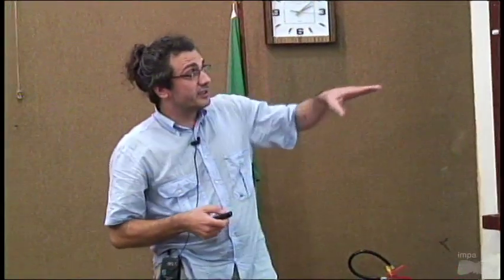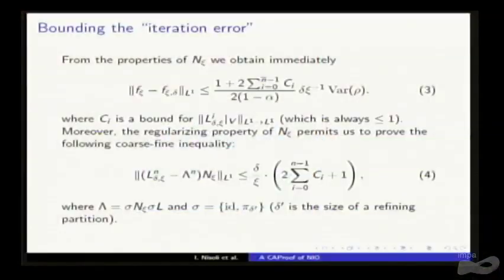Okay. And moreover, this information also tells us that if the discretized operator is contracting in L1, also the original operator is contracting in L1. And this is quite important because, as a matter of fact, I was cheating at some moment.